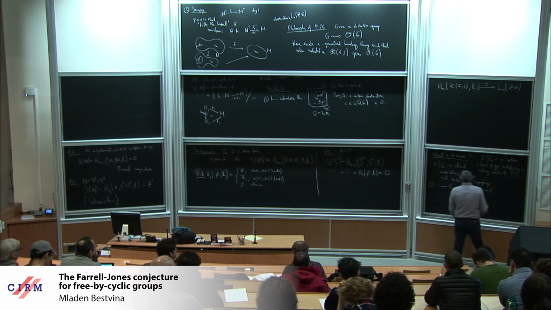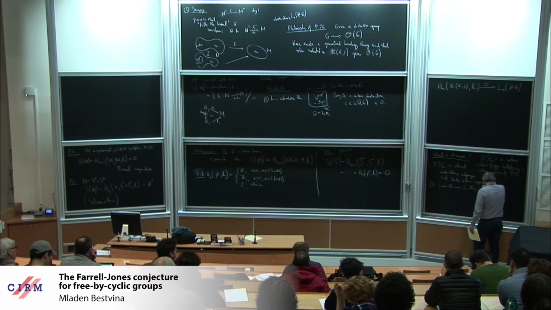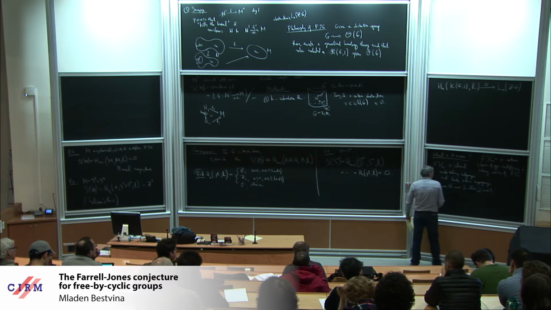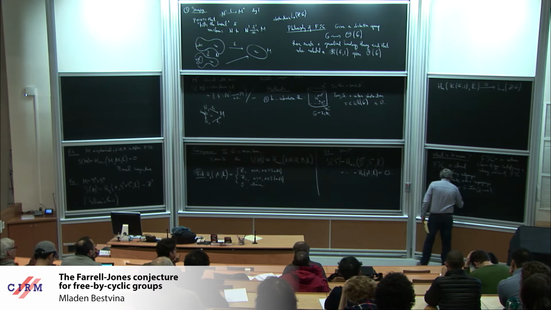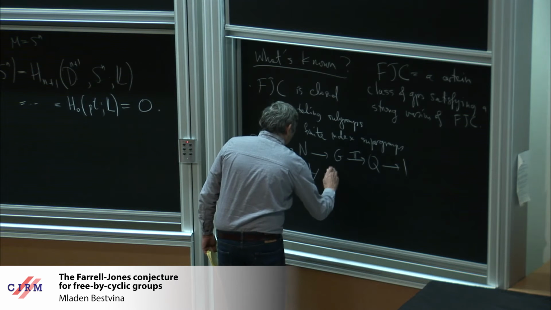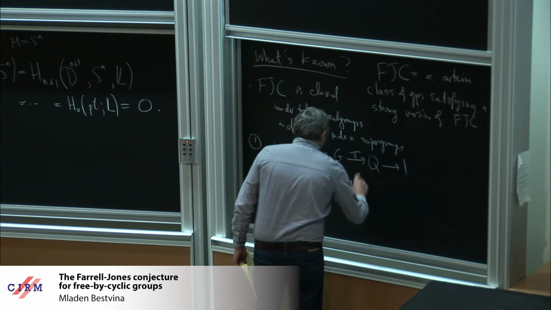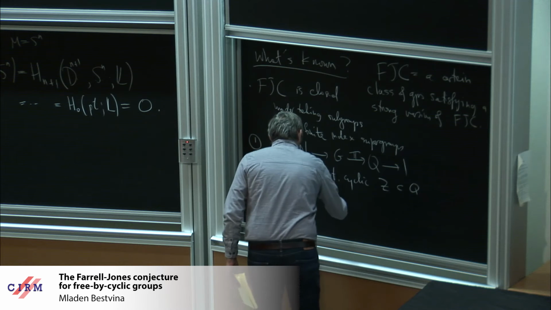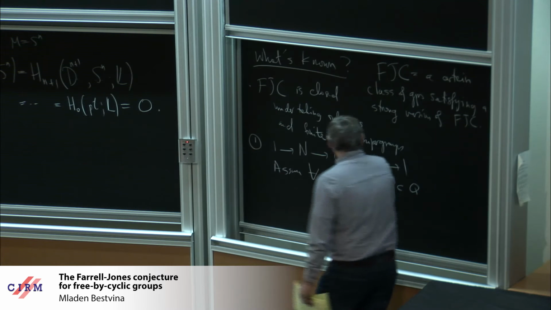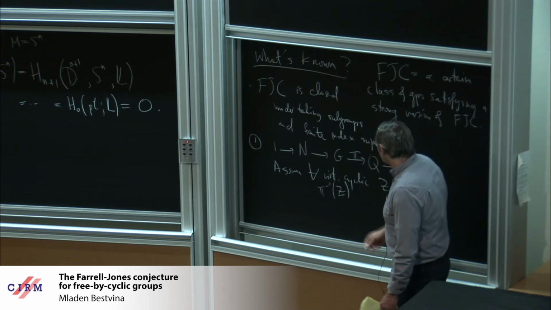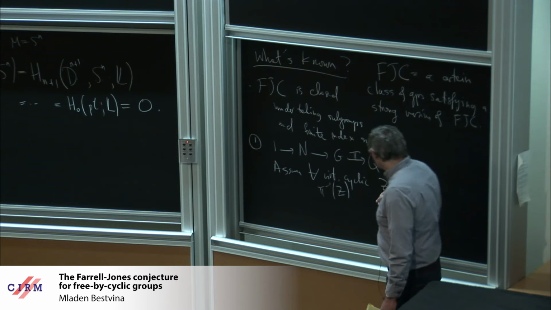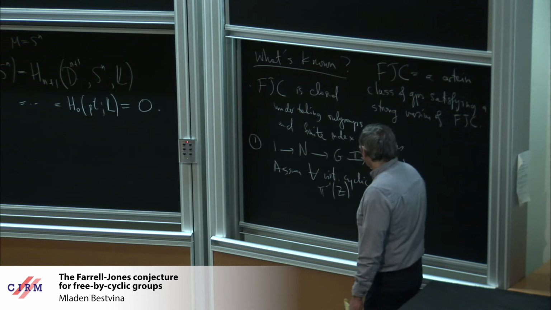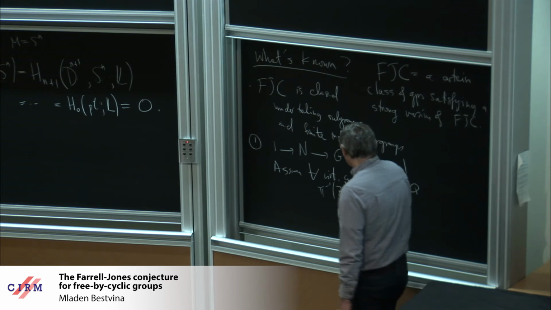But what you know in addition is this: assume that for every virtually cyclic group Z in Q, pi inverse of Z, which is a subgroup of G bigger than N, is in my class FJC. If I'm pulling back the trivial group, I would get N, but here I could get something a little bit bigger.